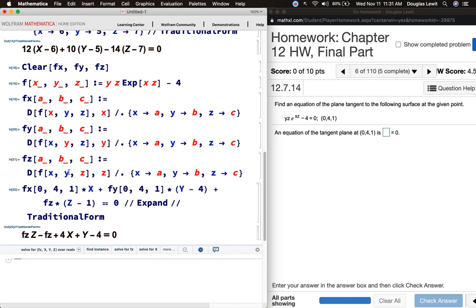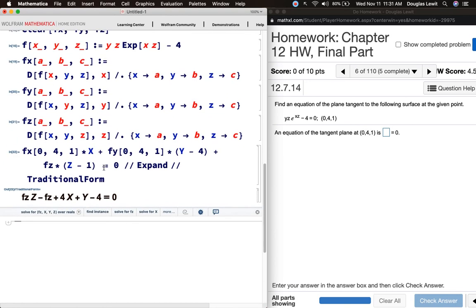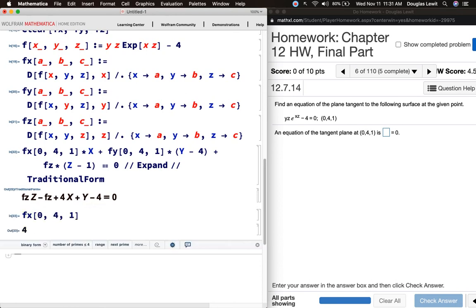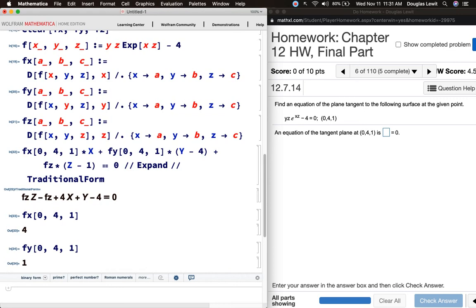Derivative of f of x and... Okay, Mathematica is doing something strange. Wait a second. F of x of 0, 4, and 1. Okay, that's equal to 4. Fy of 0, 4, and 1. That's a number.